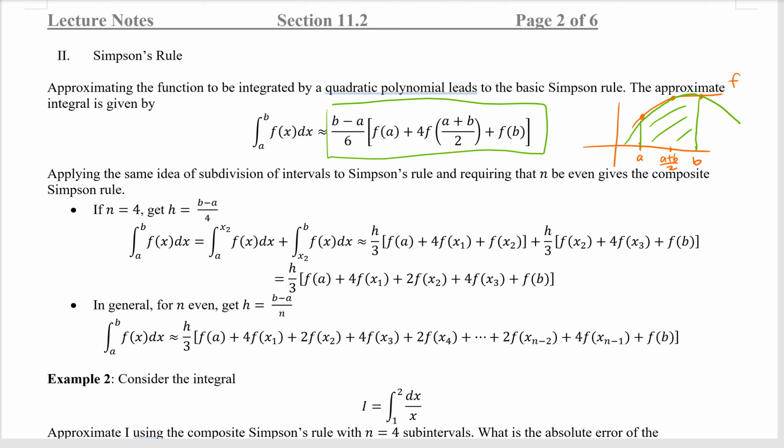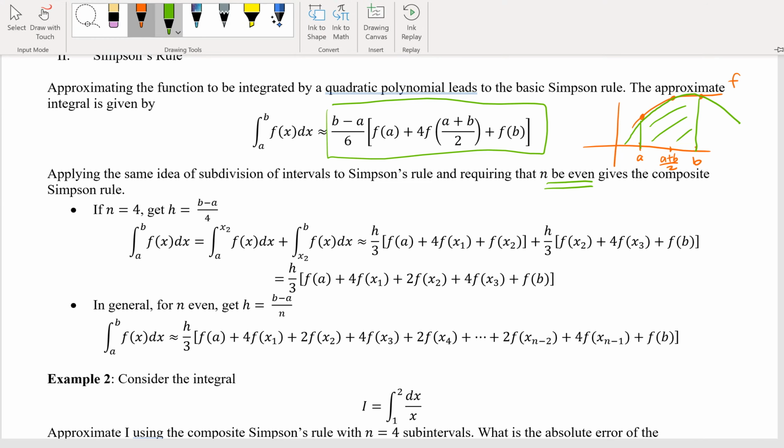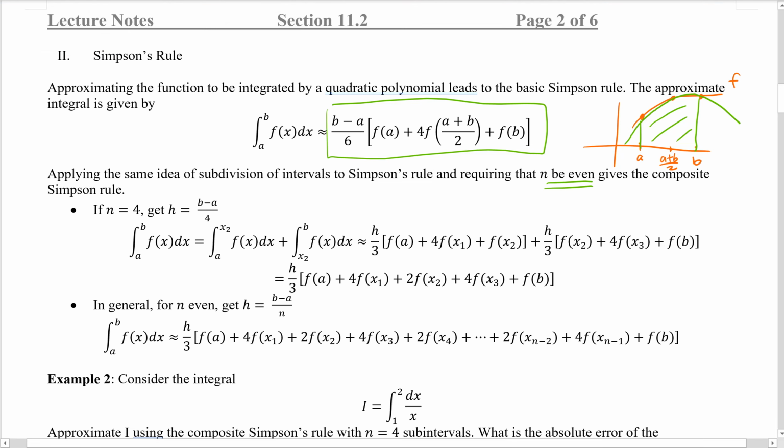Okay, applying the same idea of subdivisions of intervals to Simpson's rule, and we require n to be even. That will give us the composite Simpson's rule. So let's say n equals 4. Let me draw the picture here. So a, b, and n equals 4.